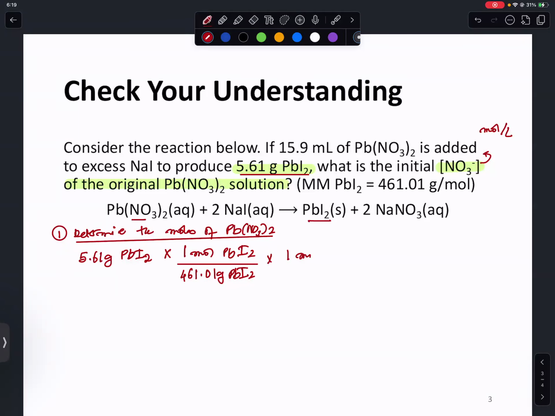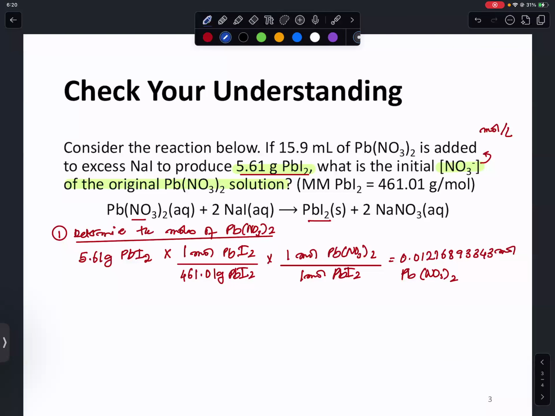So for every mole of lead 2 nitrate consumed, I have 1 mole of lead 2 iodide produced. And this should give me 0.01216893343 moles of lead 2 nitrate.